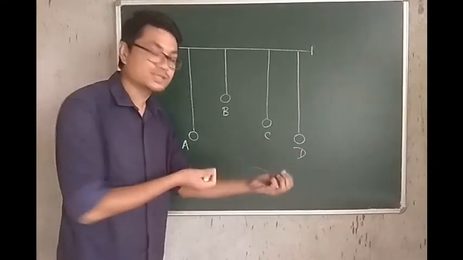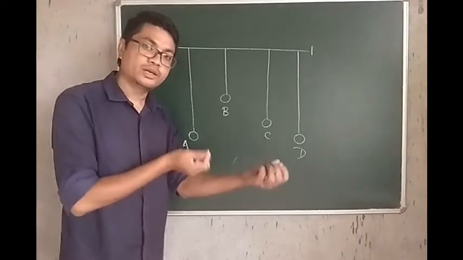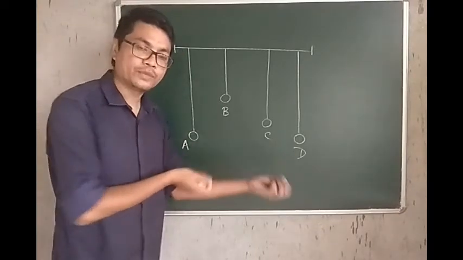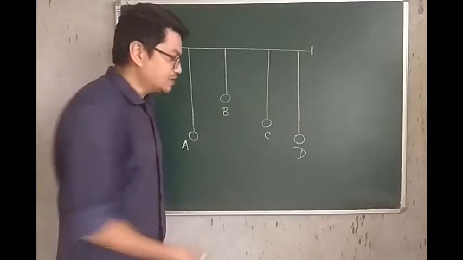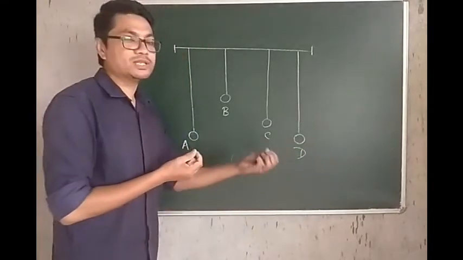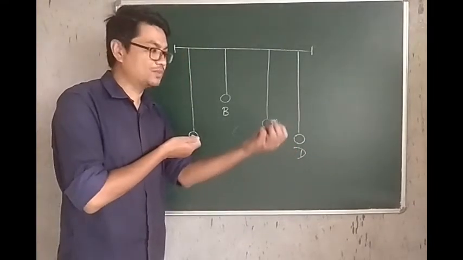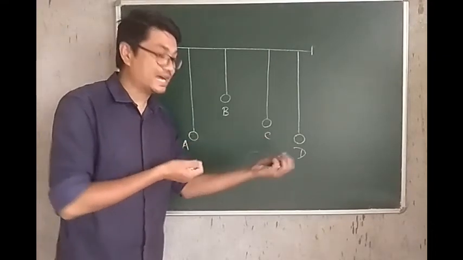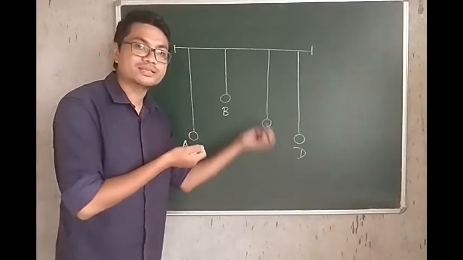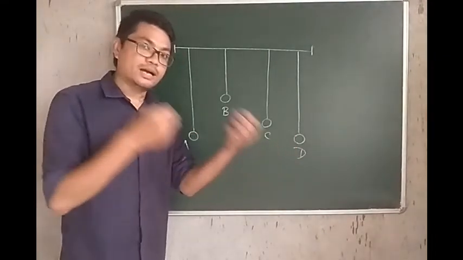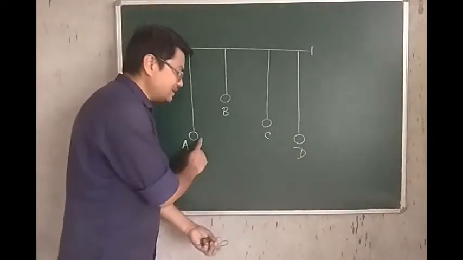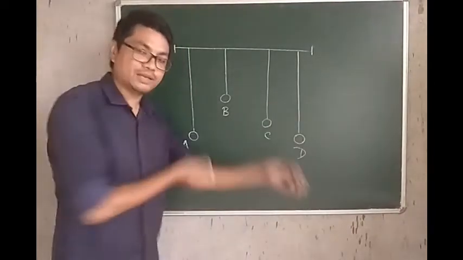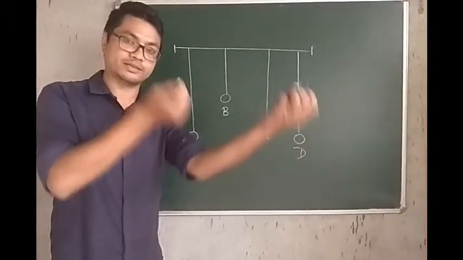They will oscillate together in the same phase. Initially D swings with a small amplitude, but gradually the amplitude of D increases, and at a certain time the amplitude of A and D will be the same. Together they will be swinging like this.